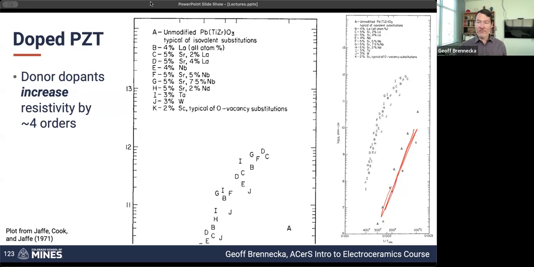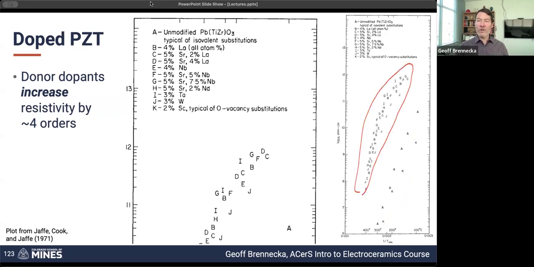But you'll notice that that is very similar to the acceptor dopants. The scandium is the one that's listed here. But acceptor dopants and unintentionally doped material are all down here in terms of resistivity as a function of 1/T, for Arrhenius. That's how you get semi-linear. The other category up here, there's a whole bunch of alphabet soup.